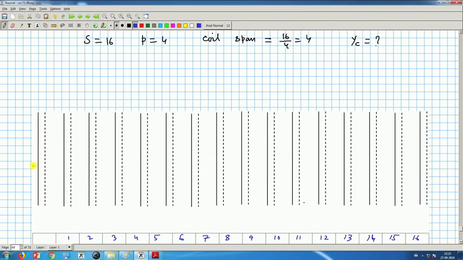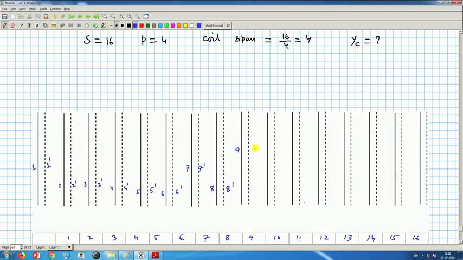And we have seen this numbering: 1, 1 dashed, 2 coil sides in each slot, then 2, 2 dashed, 3, 3 dashed, 4, 4 dashed, 5, 5 dashed, 6, 6 dashed, 7, 7 dashed, 8, 8 dashed.